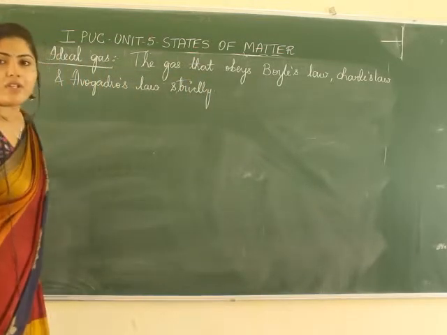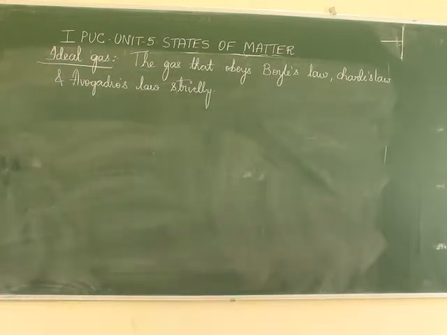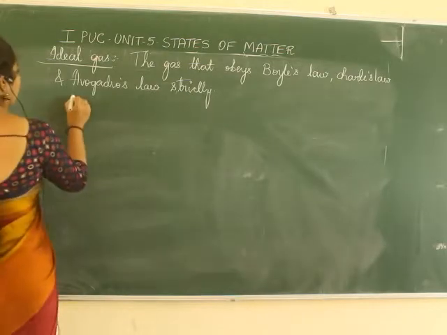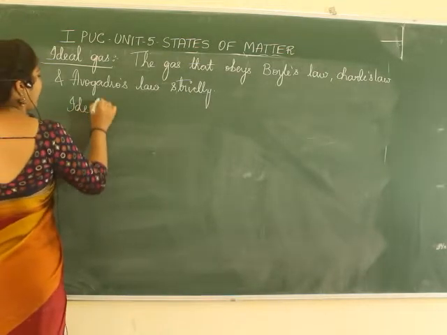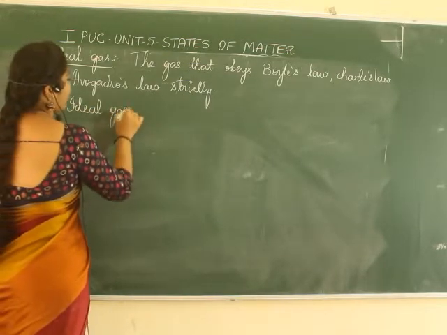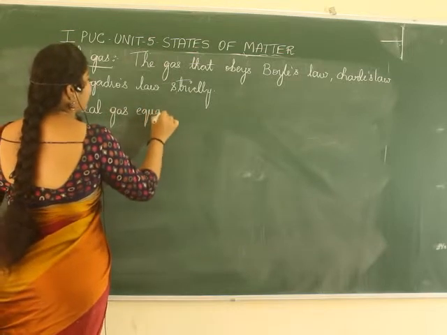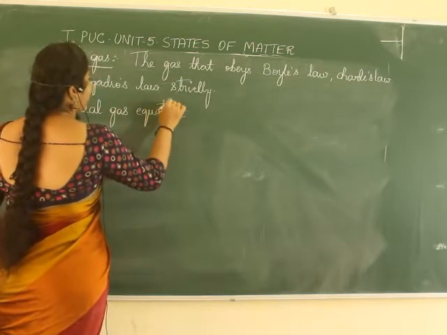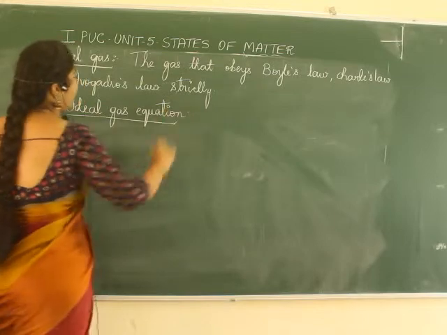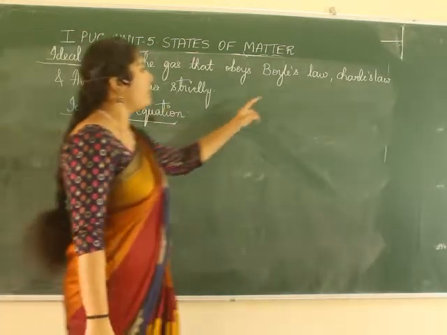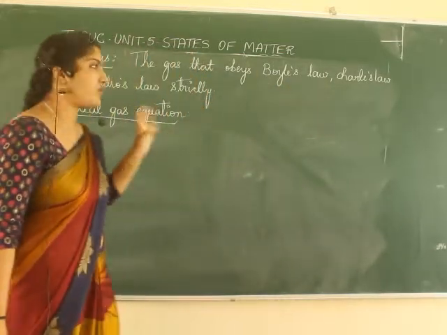There is a derivation of this, the ideal gas equation. They ask a question of what is ideal gas, derive ideal gas equation. So I have told you, it means it should obey Boyle's law, Charles' law and Avogadro's law strictly.